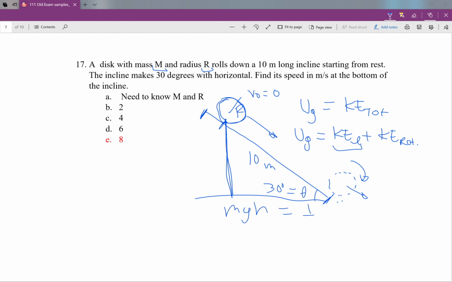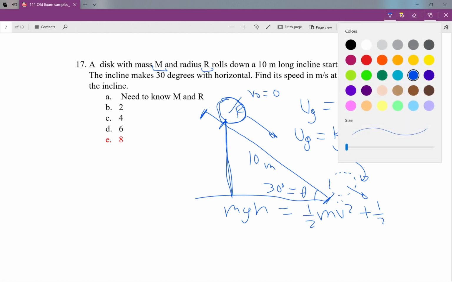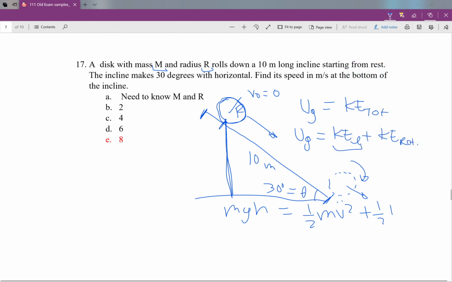Linear kinetic energy is 1/2 mv squared, and rotational kinetic energy is 1/2 I, the moment of inertia, times the angular velocity squared.